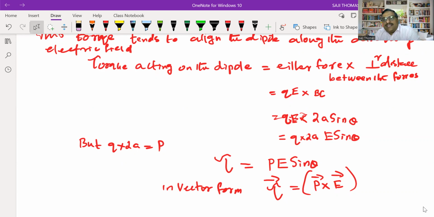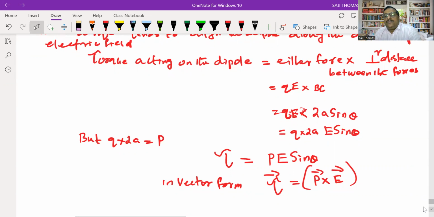And what will be the direction? Vector product direction, you know, right hand thumb rule. The torque will be perpendicular to P and E. Torque will be perpendicular to P bar. Torque will be perpendicular to E bar also. P bar and E bar may not always be perpendicular, but torque is always perpendicular to P bar and E bar. So what are the two pairs of vectors perpendicular to torque here?